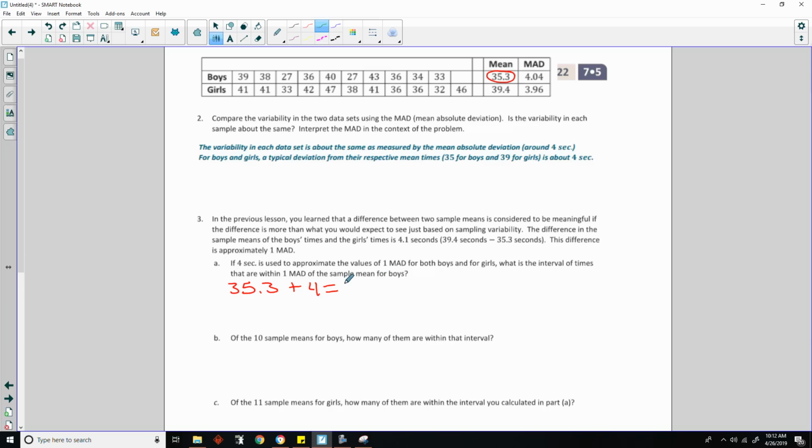And that's going to equal, all right, 39.3. Okay. And then we take the 35.3 and we subtract the 4 seconds and we get 31.3.